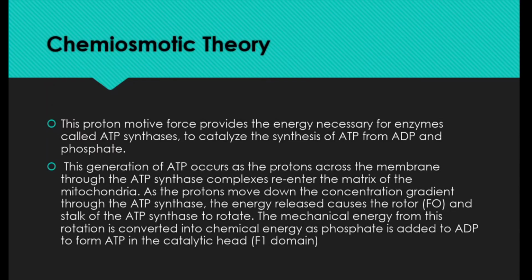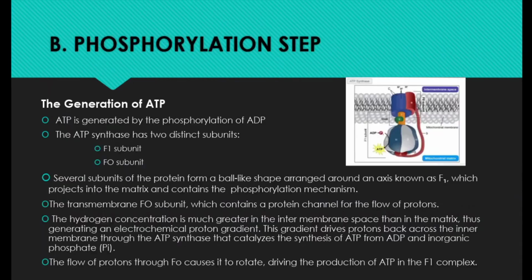As the protons move down the concentration gradient through ATP synthase, the energy released causes the rotor and stalk of ATP synthase to rotate, and the mechanical energy from this rotation is converted into chemical energy as phosphate is added to ADP to form ATP in the catalytic head, the F1 domain.